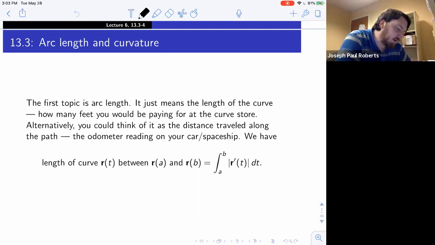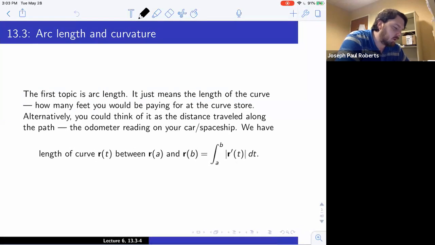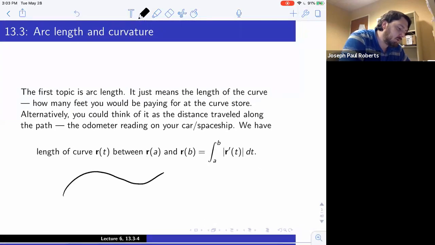And so anyway, if we have a curve given by the vector function r of t, the length of the curve between the points r of a and r of b is going to be the integral from a to b of the length of r prime of t dt. So let's say this is your curve C that we're talking about. Remember, anytime we are using r, we're talking about a position vector.